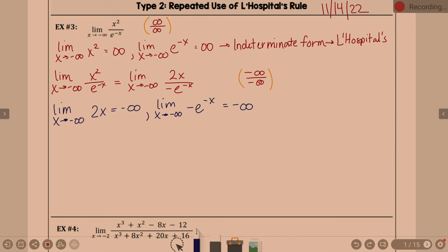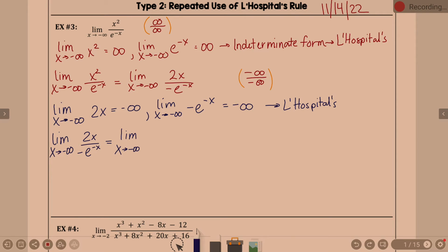And so again, we can thus apply L'Hopital's. So I'm going to write out the limit I was left at, which was the limit as x approaches negative infinity. Where are we at? 2x over negative e to the negative x. When I take the derivatives, still going to be the limit as x approaches negative infinity.